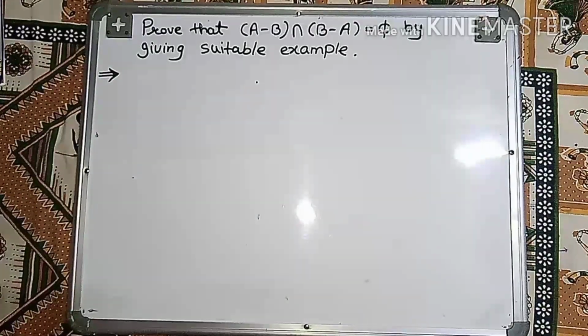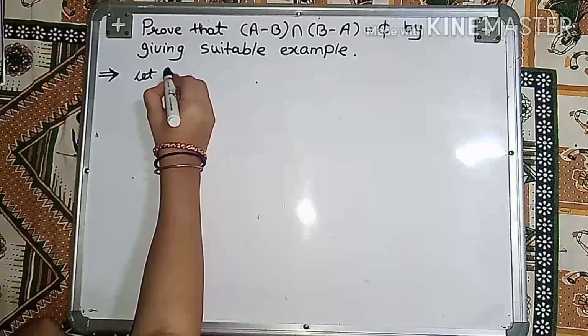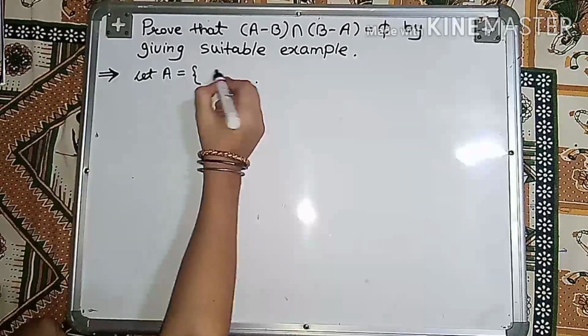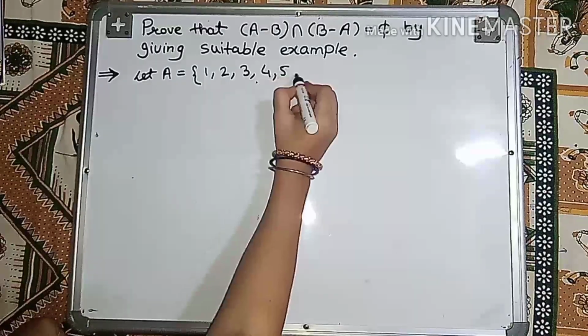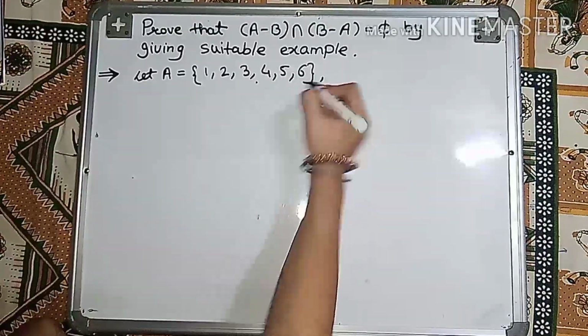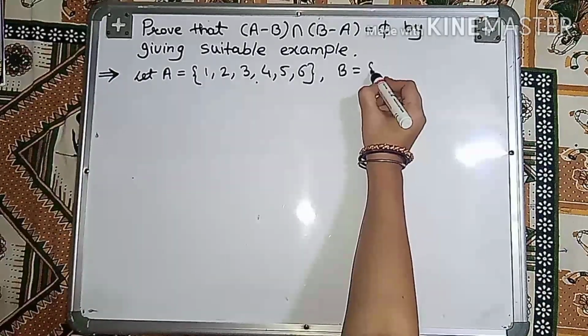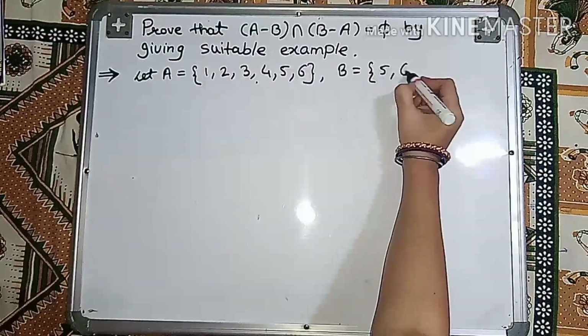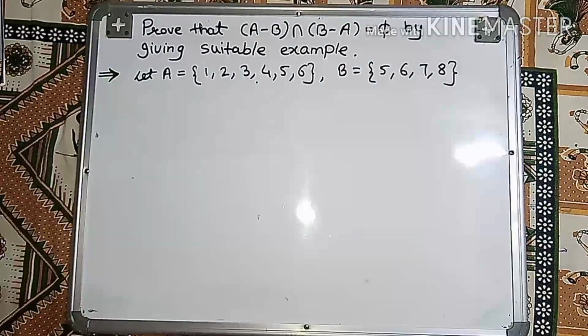We have to take two sets A and B. So let's consider A is equal to {1, 2, 3, 4, 5, 6} and consider set B is equal to {5, 6, 7, 8}. Now what we have to do? We have to find the differences A minus B and B minus A.